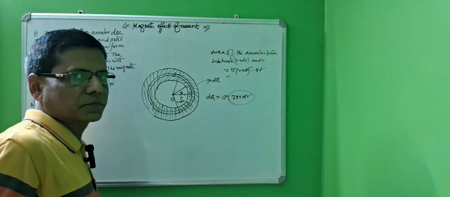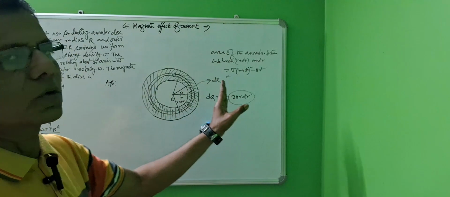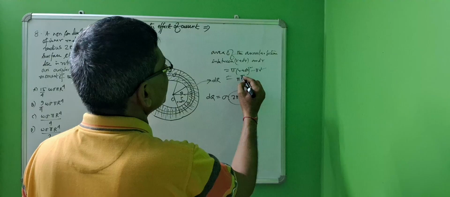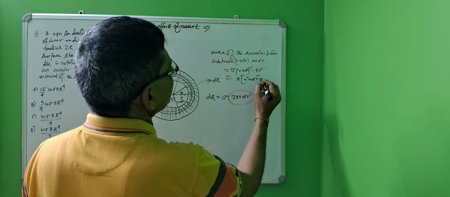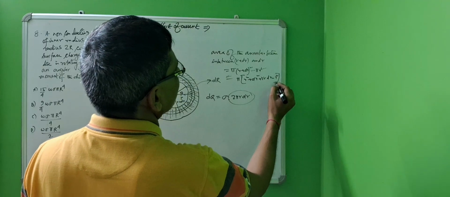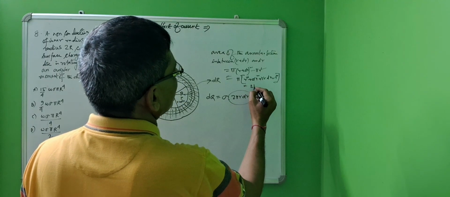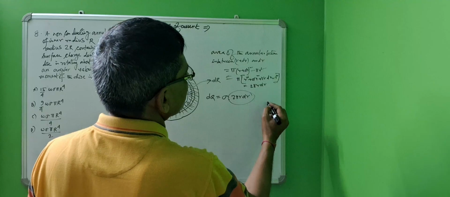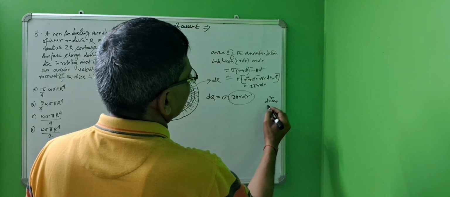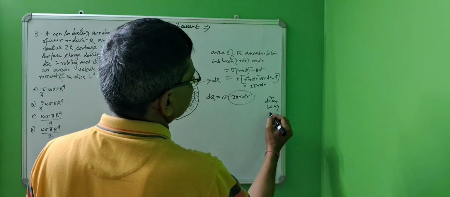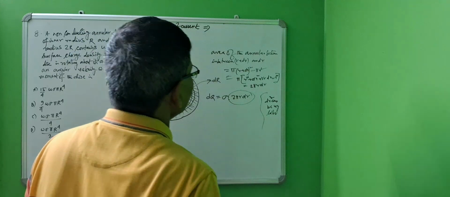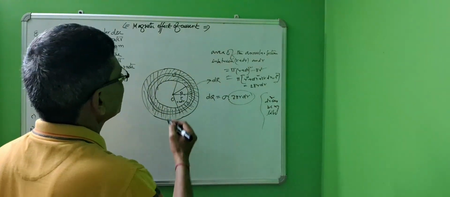You know it. We should not go further into details because you know it. Pi times r squared plus dr squared plus twice r dr minus r squared equals twice pi r dr. Dr squared can be neglected. So this is the charge present on the annular ring.